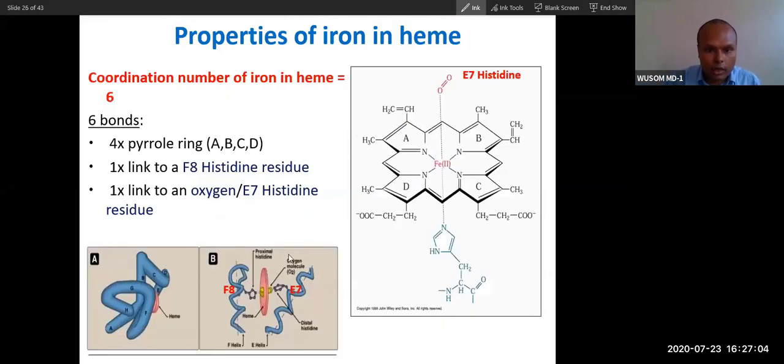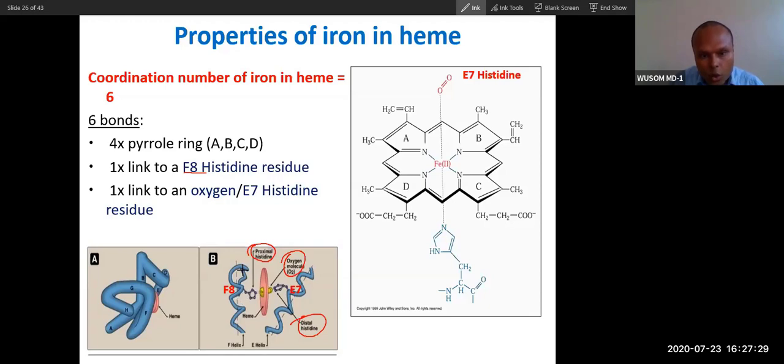So you can see here, this is E7 and this is F8. F8 is called the proximal histidine because it is closer and tightly bound. And the E7 histidine is called the distal histidine. This is the place where oxygen comes and binds to this iron.